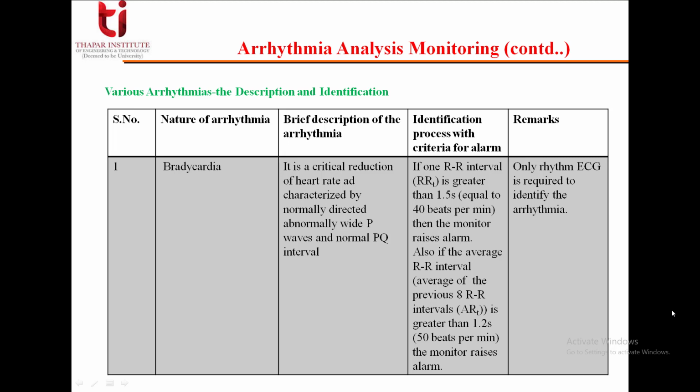Also, if the average RR interval, that is the average of the previous 8 RR intervals, that is ART, is greater than 1.2 seconds, that is 50 beats per minute, then the monitor raises an alarm. And in this, only a rhythm ECG is required to identify this kind of arrhythmia.